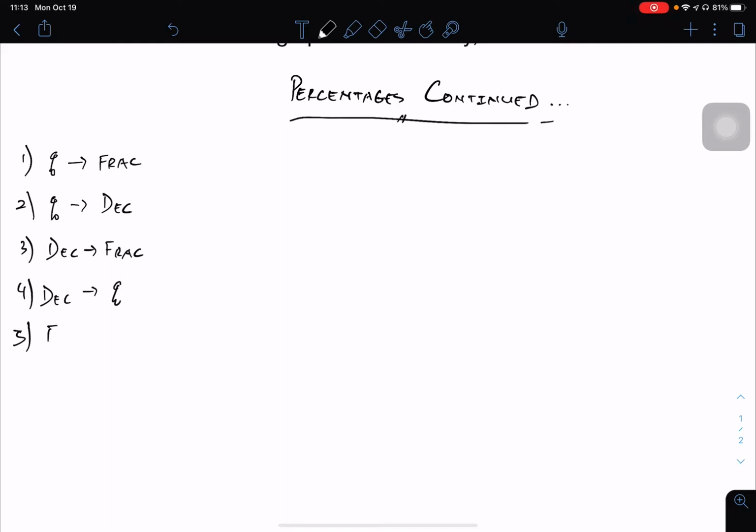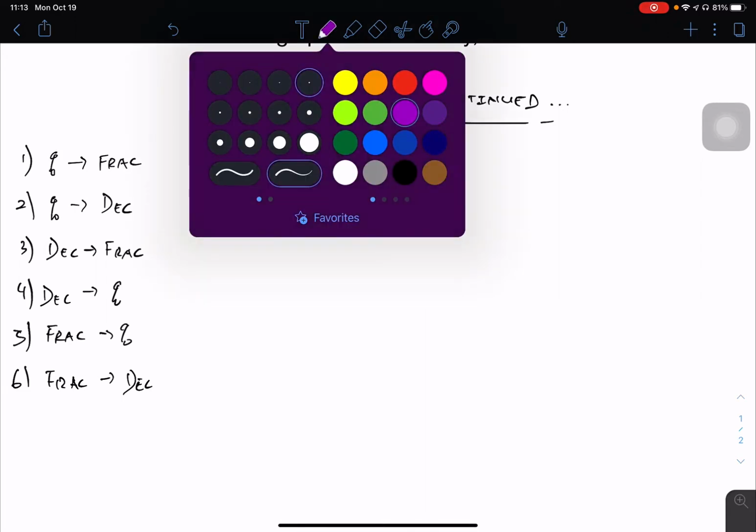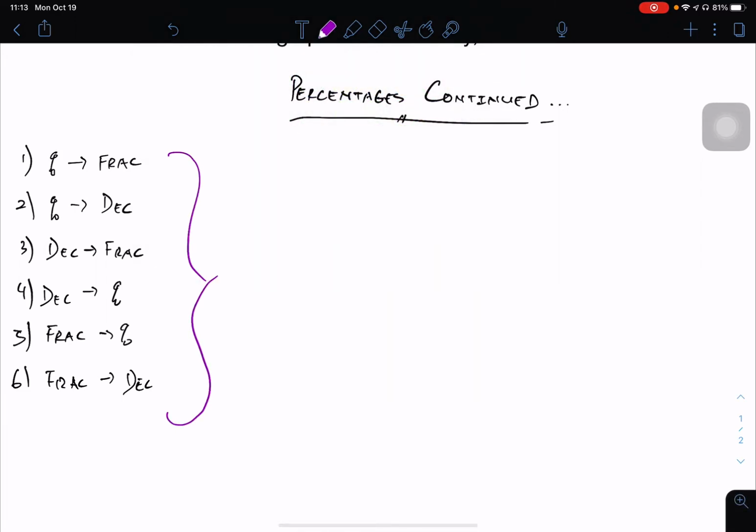That leaves us with fraction to percentage and fraction to decimal. So these were all demonstrated in last week's lecture, last Monday, on the October 12th lecture.